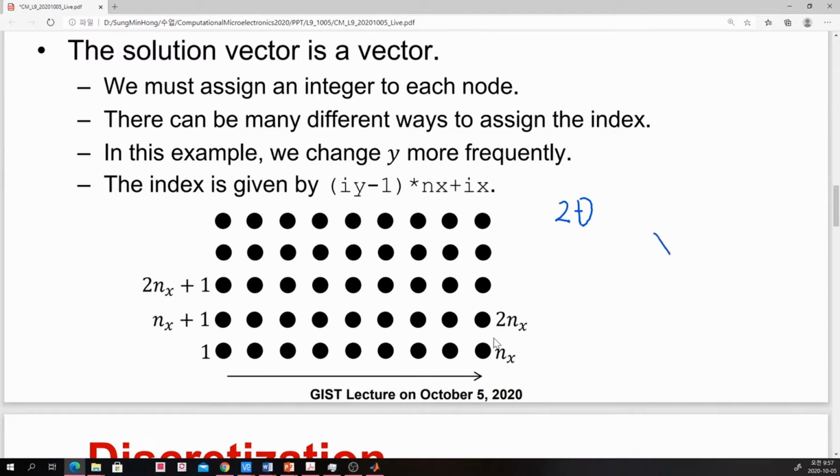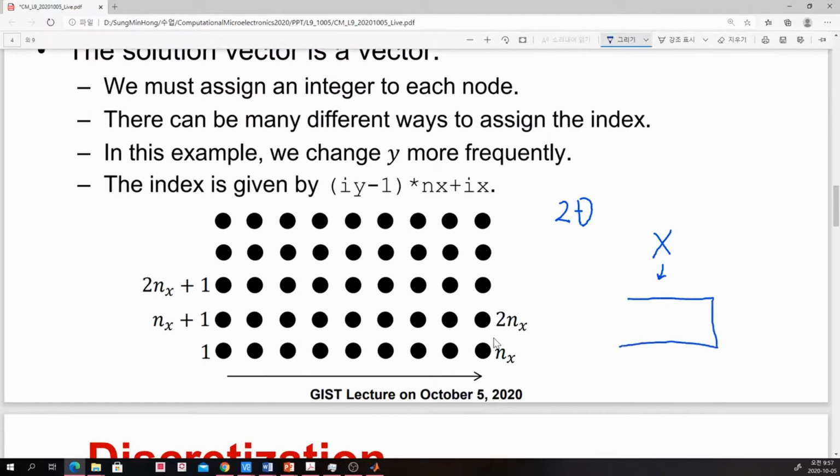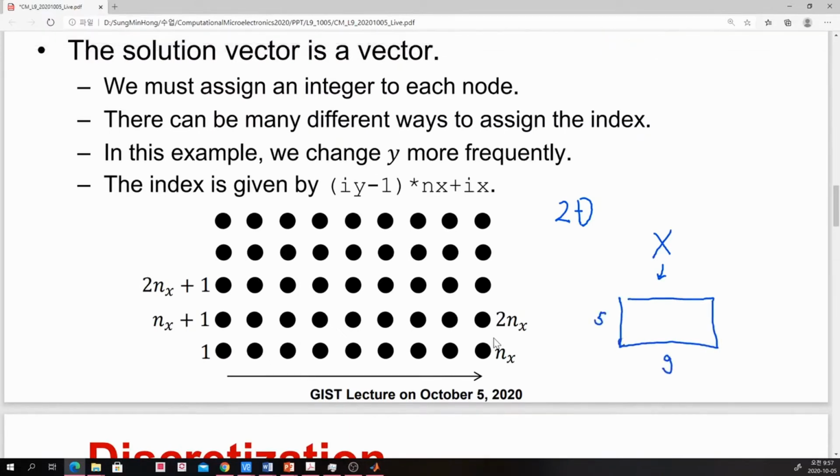In this case, x would be, for example, 9 by 5, and each entry in this matrix corresponds to each point.